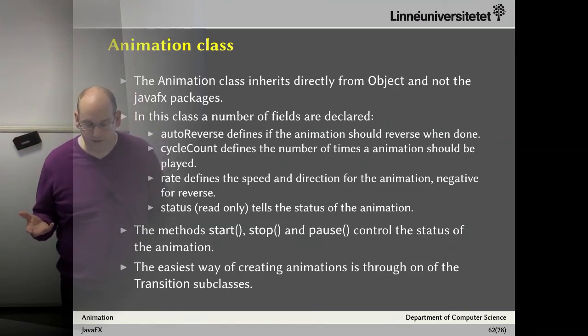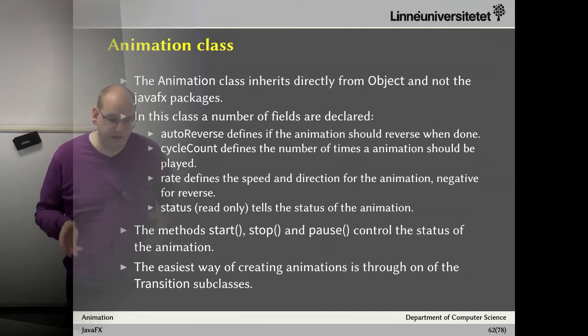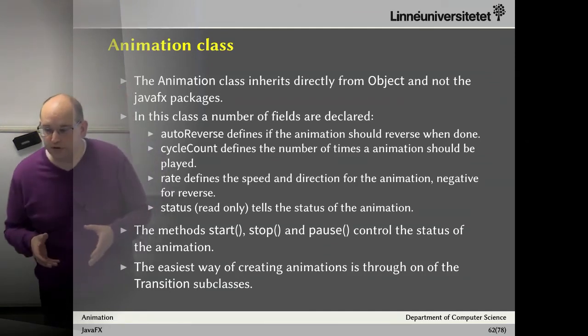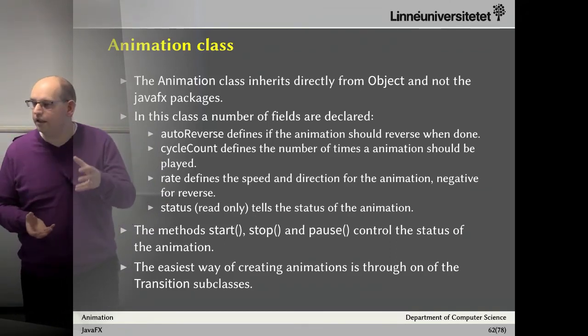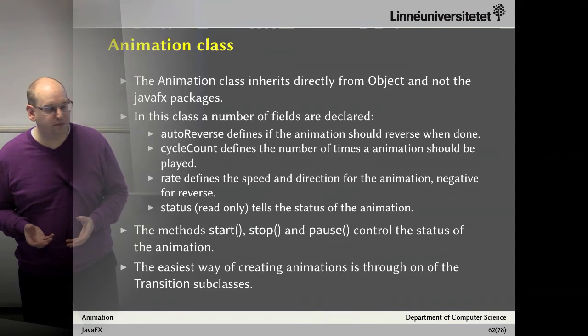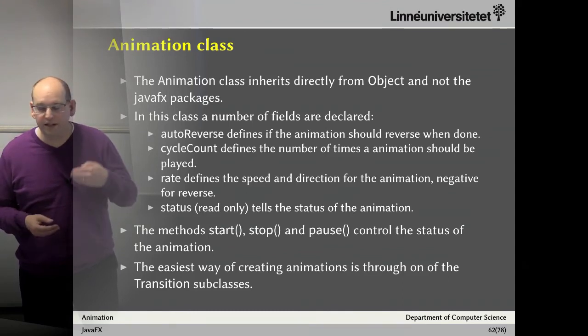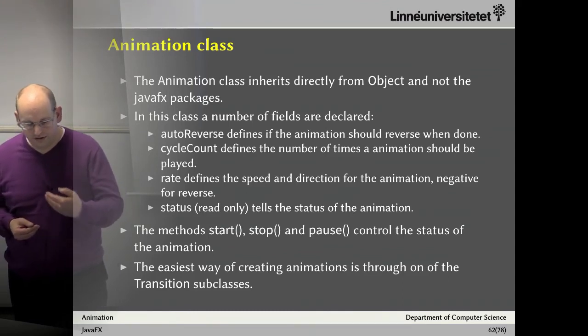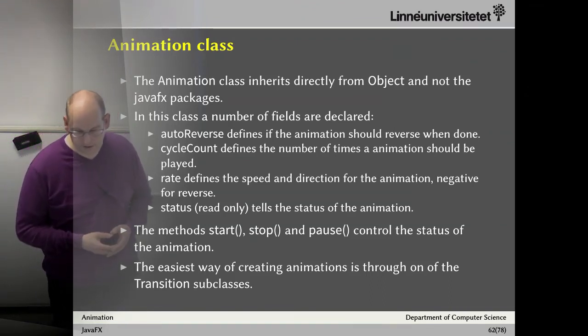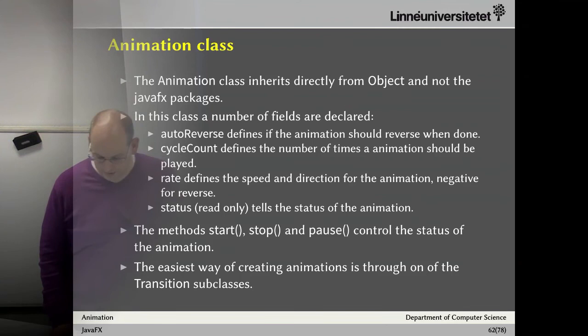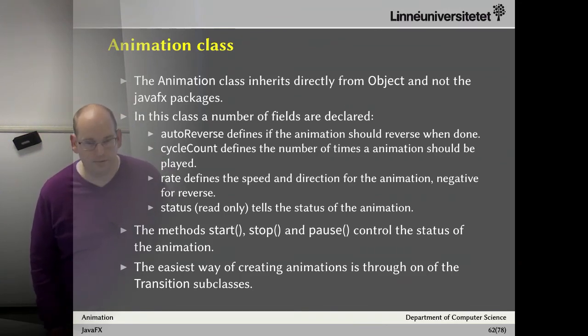Rate, the speed and direction. Status, if it's started, stopped or paused, because this is something that we see in almost all the different animations, namely that we define the animation, how it is supposed to work, and then we call start and it will begin to play. The easiest way of creating animations is through the Transition subclasses.